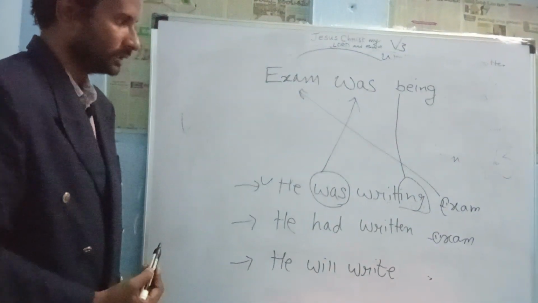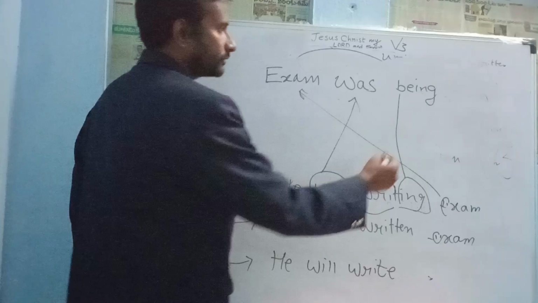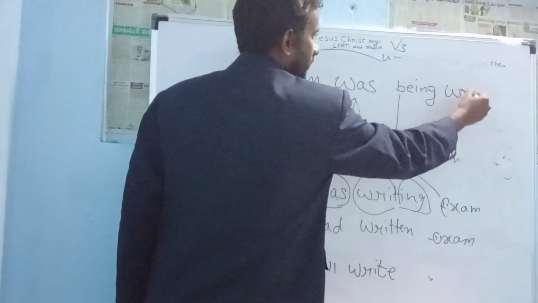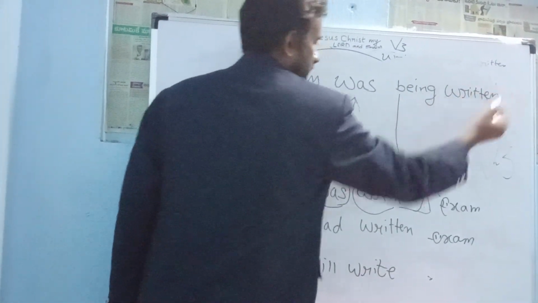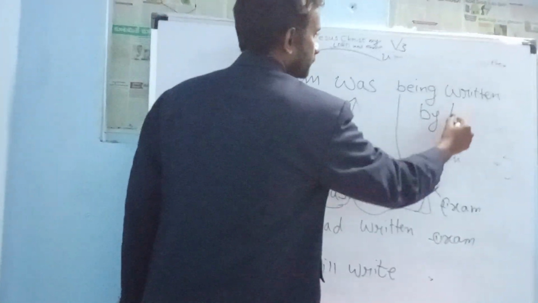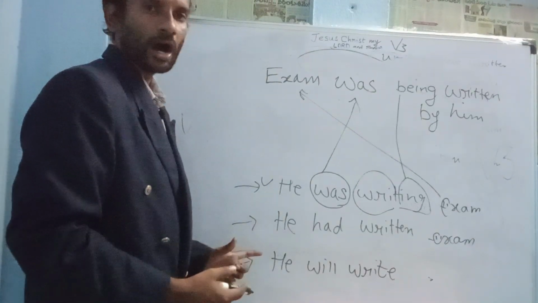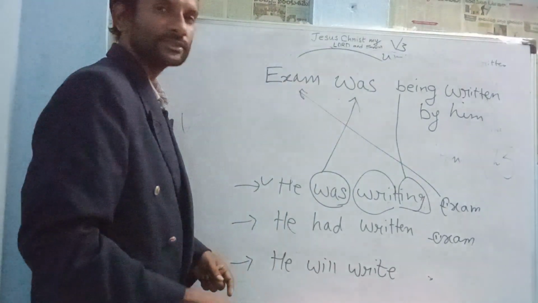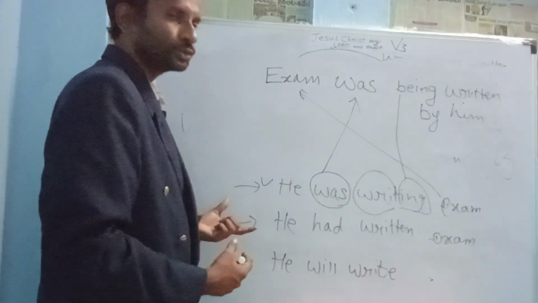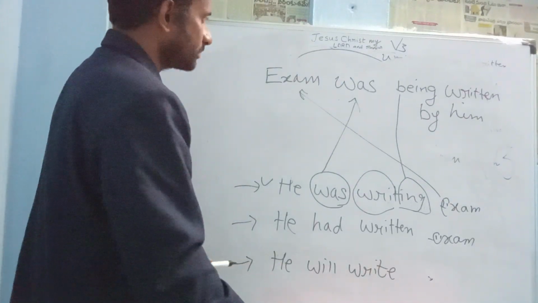Exam was being. And write will become V3. That will go: exam was being written by him. This is how past continuous tense will be transformed to "exam was being written by him" as a passive voice.